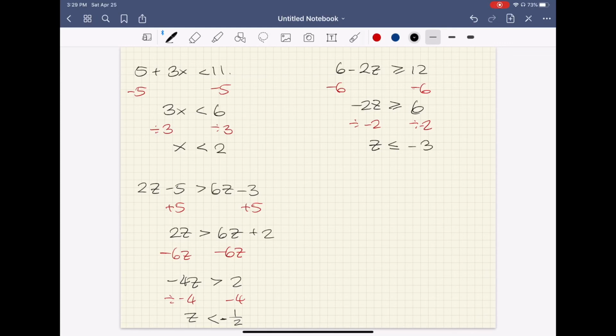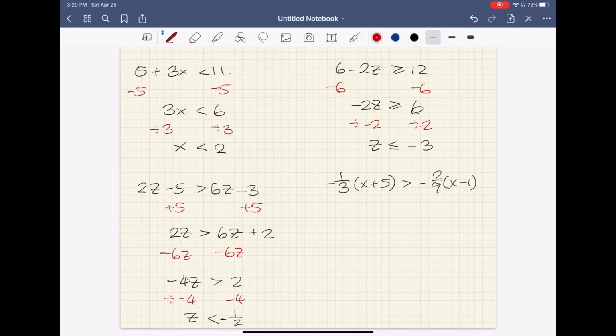All right, one last example. Negative 1 over 3 x plus 5 greater than negative 2 over 9 x minus 1. This time we have fractions, and we talked about this in the last video.